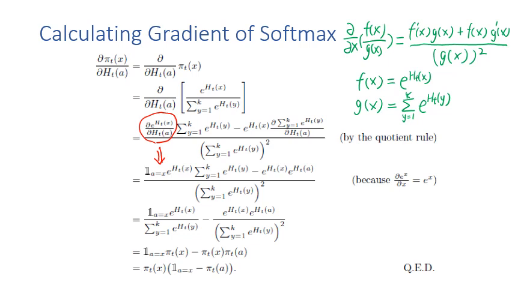This is because the derivative of e to the x is equal to itself. So we can derive it here.